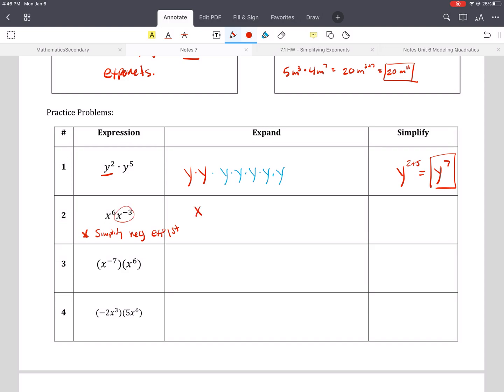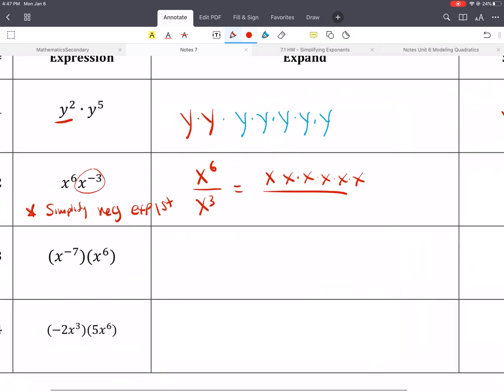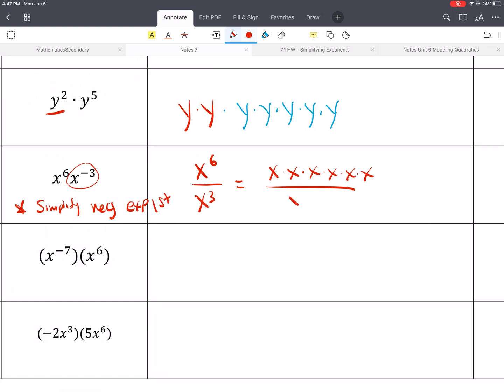So this is the same as x to the 6th over x to the 3rd. If you expand those, you'd get 6 x's on the top, and on the bottom, I'll zoom in a little bit for you, in case you're using an app or your phone, we'd have 3 x's on the bottom.